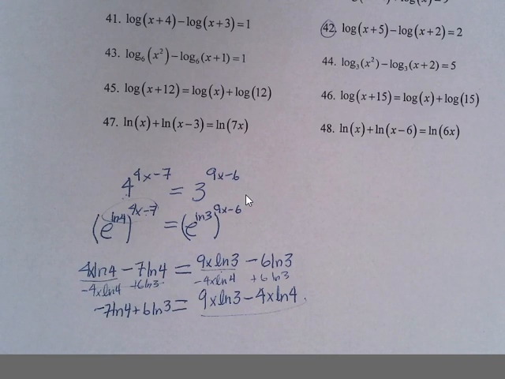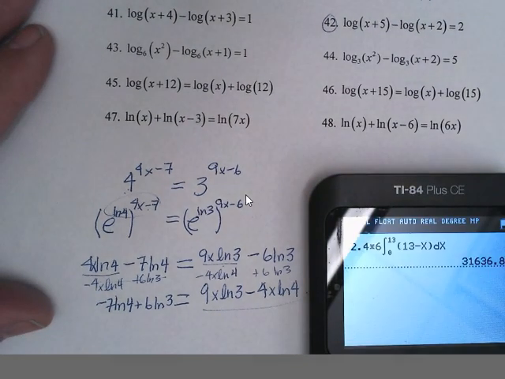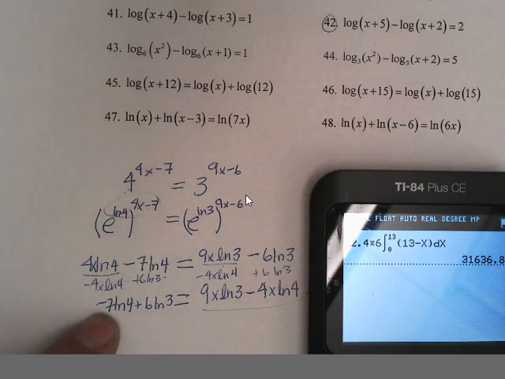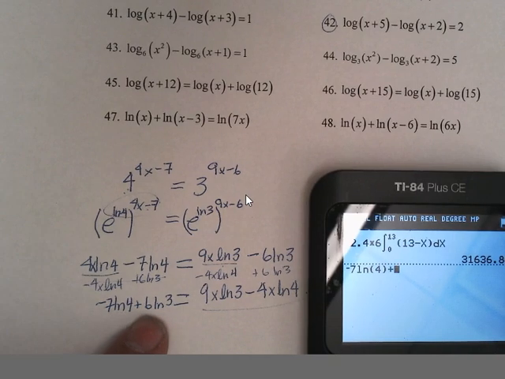Now I'm going to go to my calculator and enter some numbers here. So I've got negative 7 ln 4, close parenthesis, plus 6 ln 3, close parenthesis.